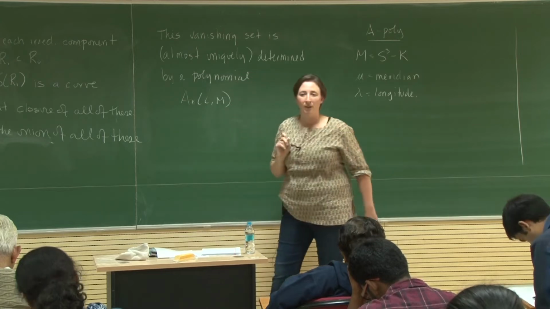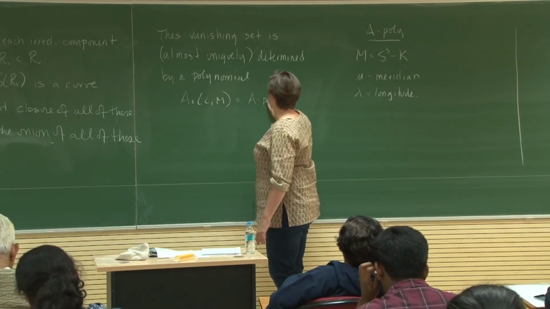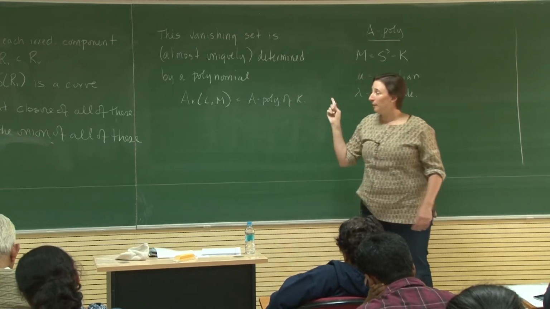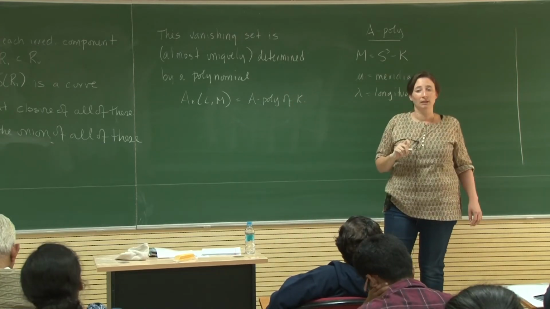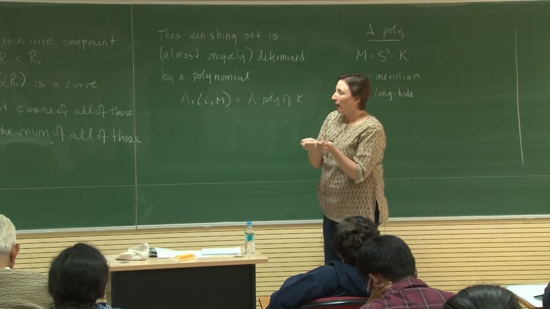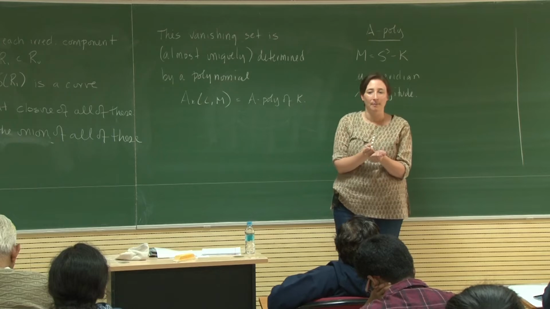And this polynomial is the A-polynomial. So let me first tell you what almost uniquely is. This polynomial is well defined up to multiplication by m and l.